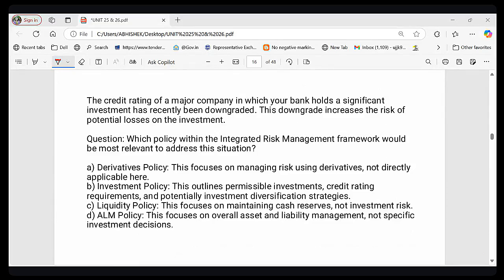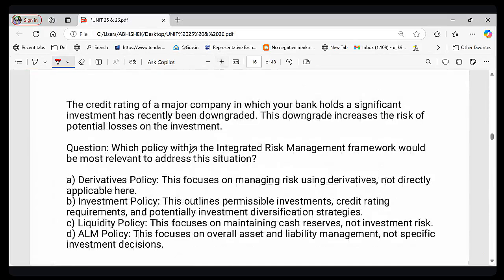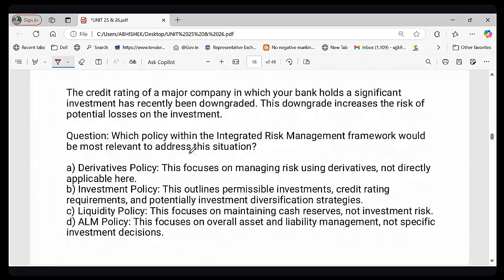Okay, so the question is: the credit rating of a major company in which your bank holds a significant investment has recently been downgraded, and this downgrade increases the risk of potential loss to the investment. Which policy within the integrated risk management framework would be most relevant to address this situation? Option A, derivative policy. Option B, investment policy.